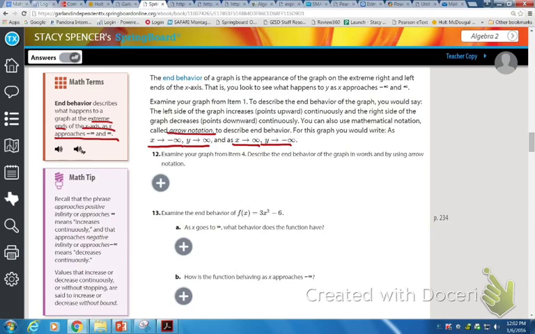Okay? And if you'll come down here, they talk about again as approaching. Okay? As approaching means increasing continuously, and negative infinity means decreasing continuously. Okay? So they will increase or decrease without bound.